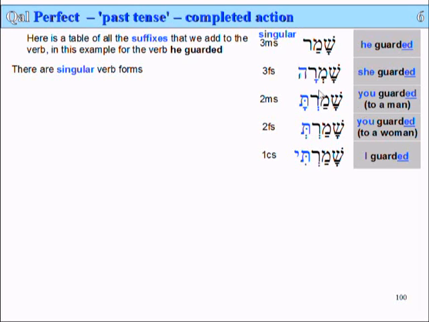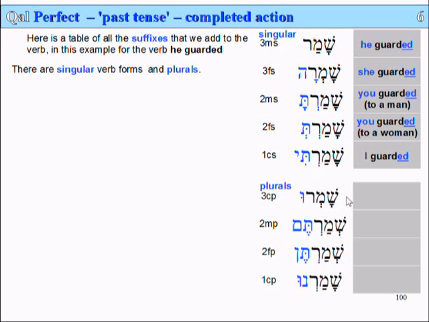But they also, in Hebrew, have these suffixes that are added to the end of the verb to mean a past tense action for the different masculine and feminine versions of that. So let's look at the plurals.